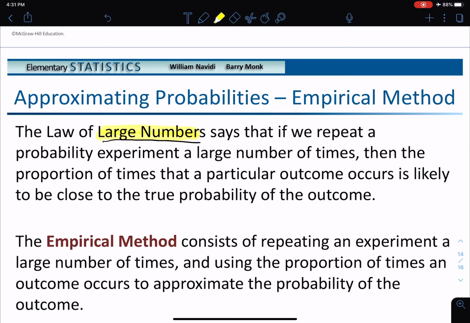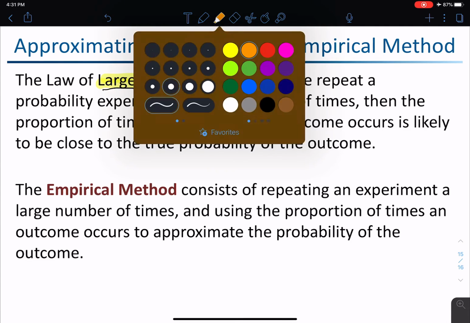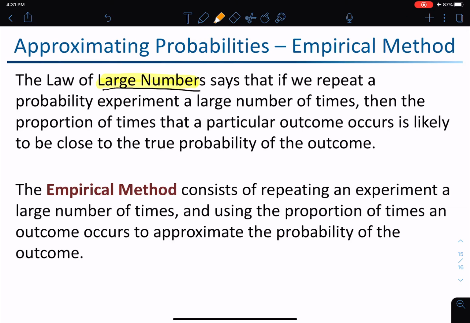I'm having a hard time saying that. The empirical method consists of repeating an experiment a large number of times and using the proportion of times an outcome occurs to approximate the probability of the outcome. Let me say that again. What is the empirical method? It consists of repeating an experiment a large number of times. Why are you going to do that?